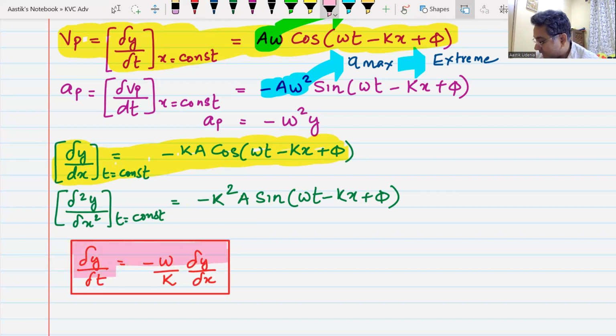Sir, I observed that, but I am confused about what del y by del x is representing. It is not representing anything. It is just a partial derivative of y with respect to x at constant t. That tells us how y varies with x. How does the shape of a wave look at a constant time? It's a cos function, nothing else.